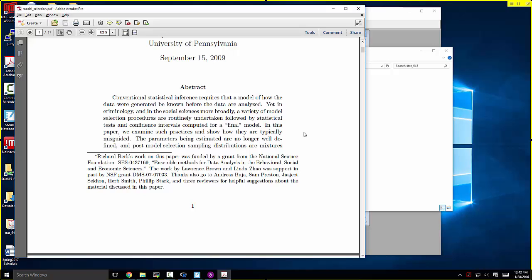As in, if we're going to conduct an experiment, collect data, and use the data to answer a scientific question, the way the statistical machinery is designed to work requires that the model is known before we get started. So the ideal situation for using hypothesis tests and confidence intervals to answer scientific questions is that we write the model down before we even see data.